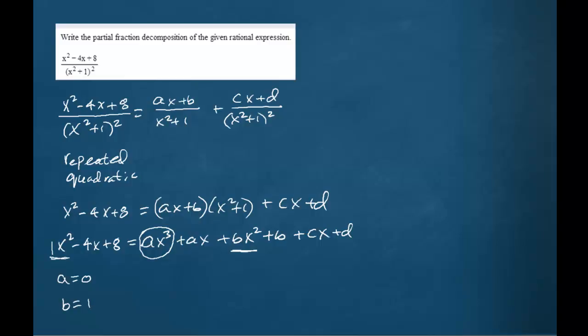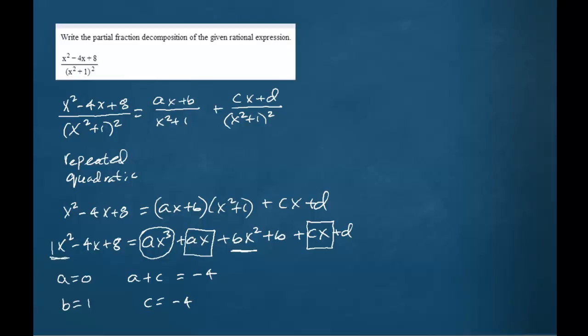And then we have a linear term, minus 4x. And so we look here and see that we have ax and cx as our only terms that are linear. So that tells us then that a plus c must equal minus 4. Now we already know that a is 0, so c must be equal to minus 4.